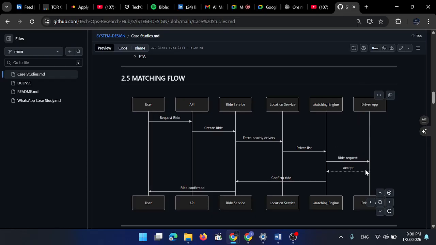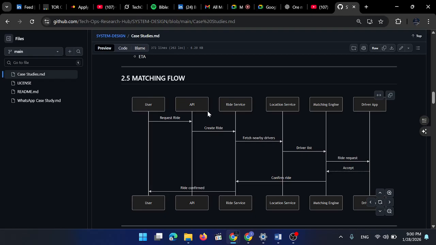So they get to accept it, and then it's sent to the matching engine. Thereafter, the ride is confirmed and sent to the ride service. Thereafter, it's sent to the user. So that process is very important in ensuring that there's that effective communication between the user and the driver, right?